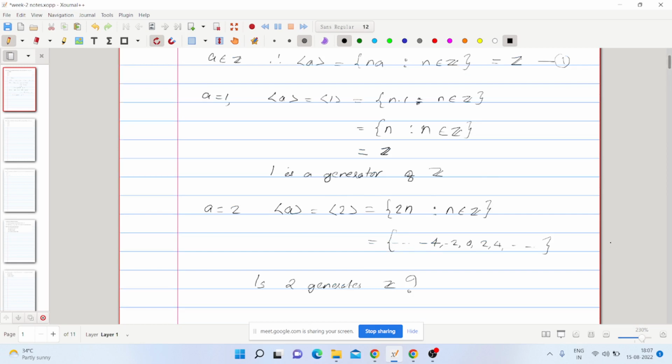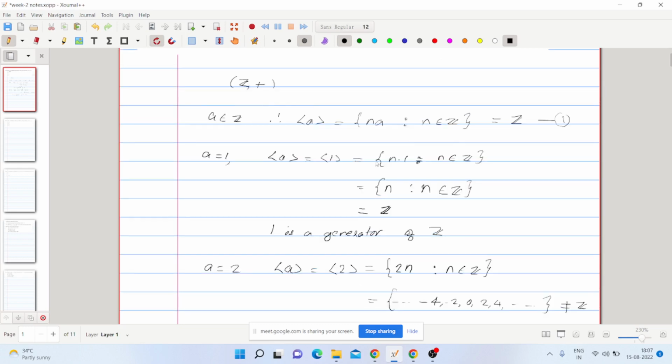Is this set equal to Z or not? No. Here the operation is addition, so we take 2, 2 plus 2, and so on. If it becomes Z, the original group, then we can say 2 is a generator of Z. Here 2 does not generate Z.